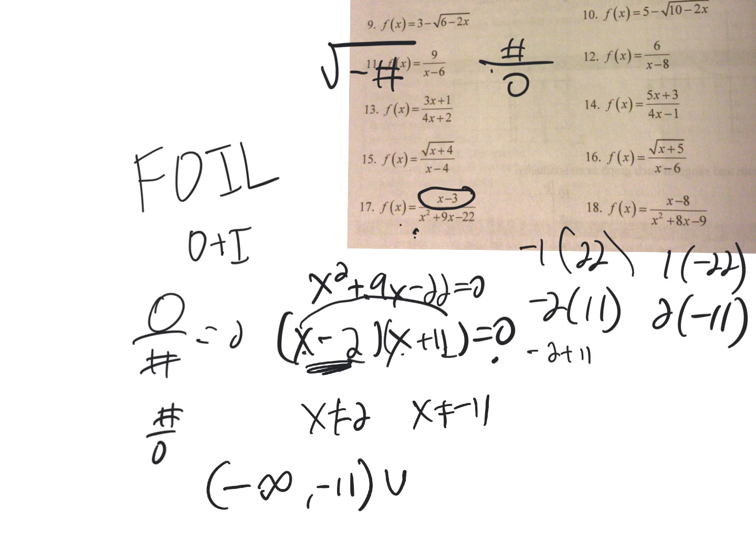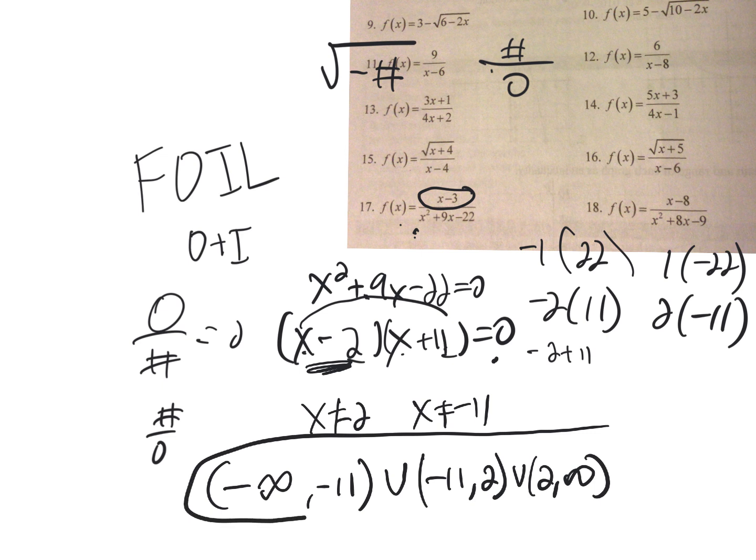Of course, we can't include infinity. We can never reach that. We'll skip over negative 11, go up to 2. We'll skip over 2, go to infinity. And that's the domain in interval notation. And that's it for finding the domain by looking at the equations.